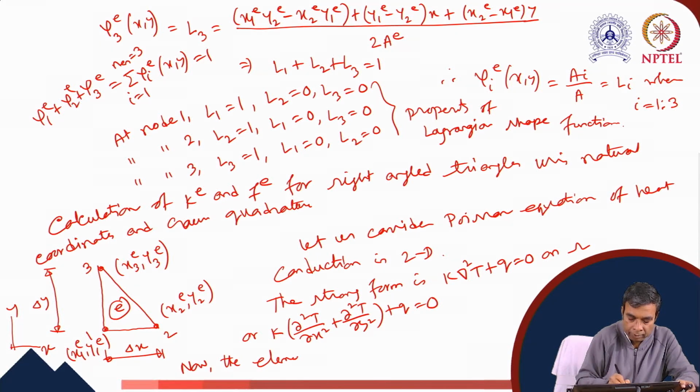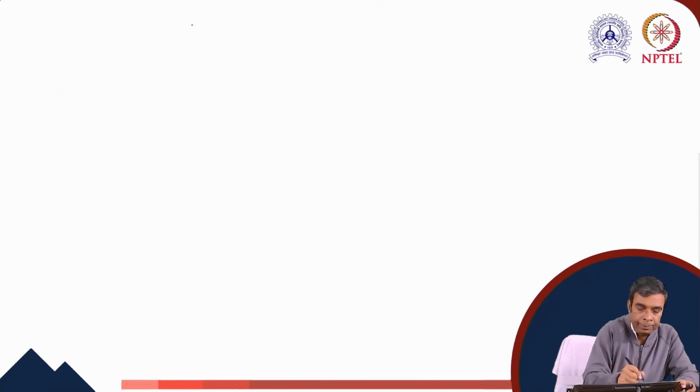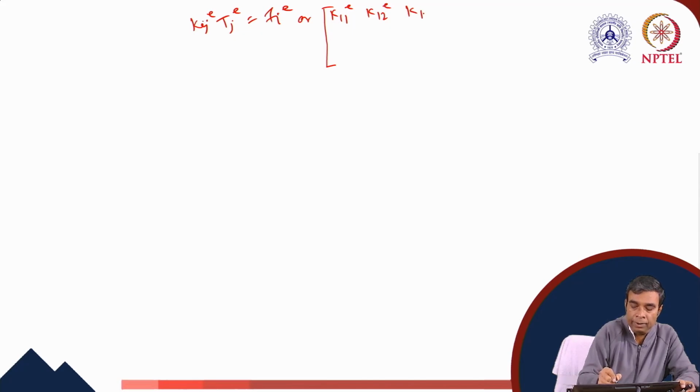Now the element level matrix equation system is given by Kije Pje equals Fie, or K11e, K12e, K13e, K21e, K22e, K23e, K31e, K32e, K33e.